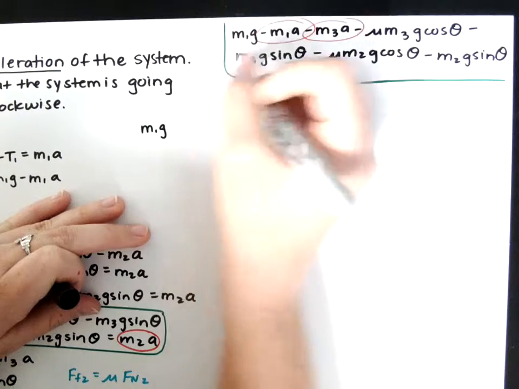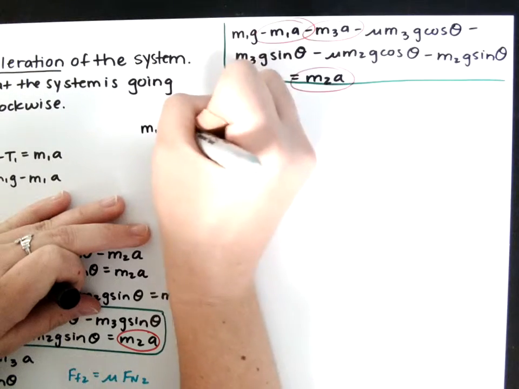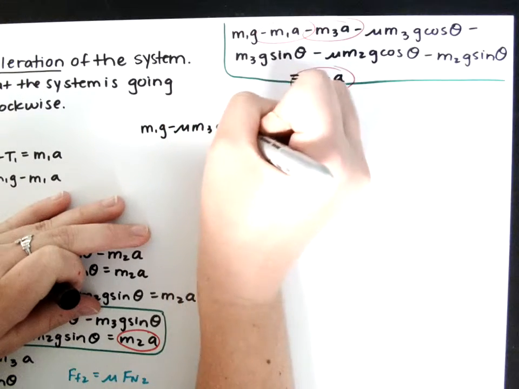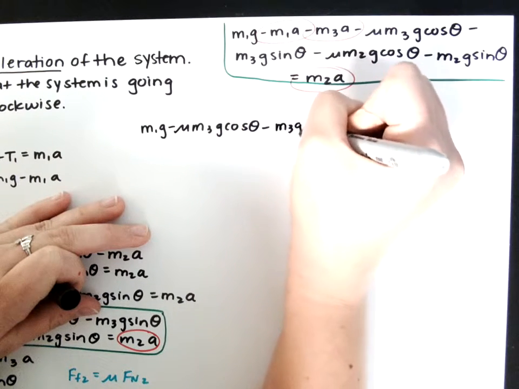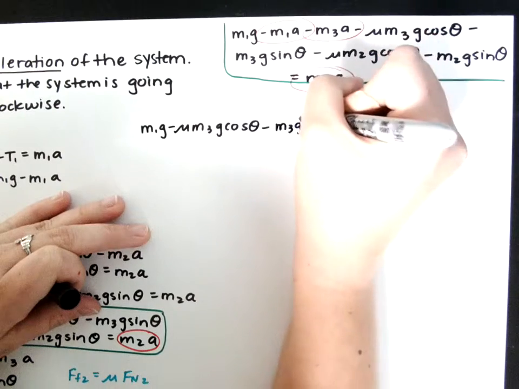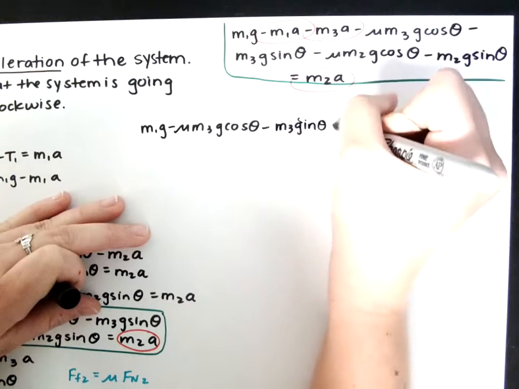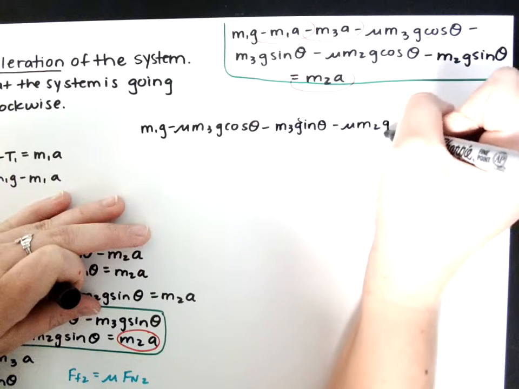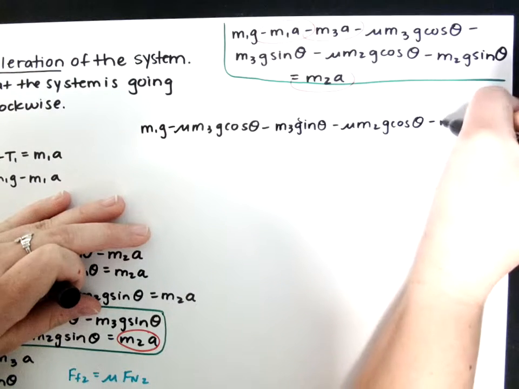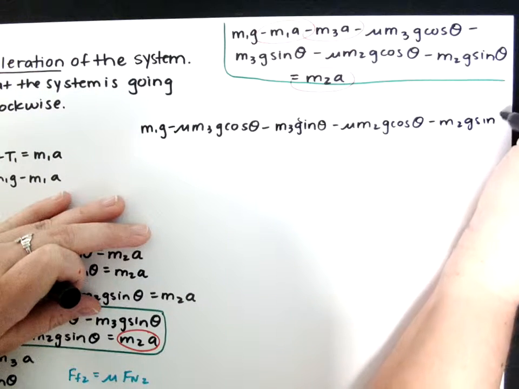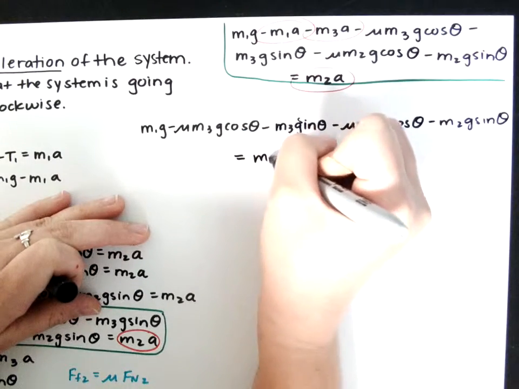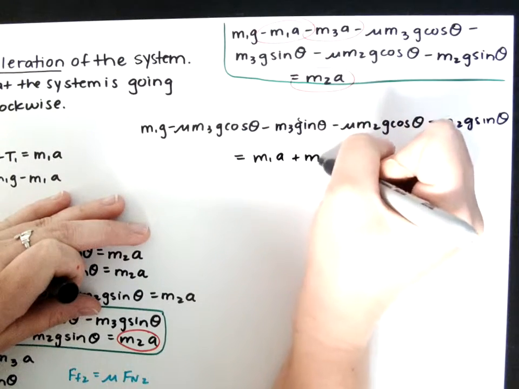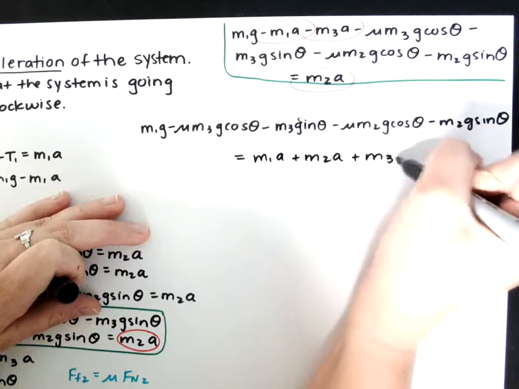Then we have a minus mu M3G cos theta minus M3G sine theta minus mu M2G cos theta minus M2G sine theta. That's all on our left-hand side. That's now going to be equal to M1A plus M2A plus M3A.